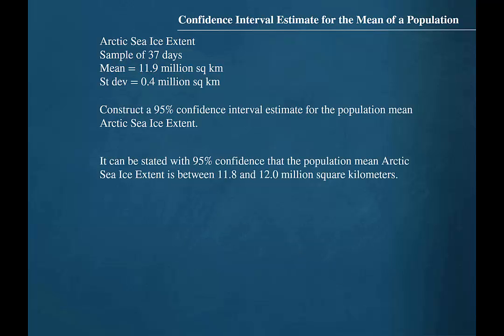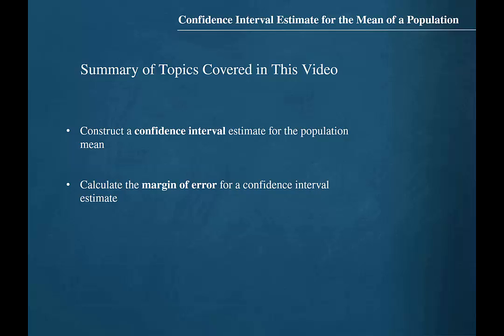It can be stated with 95% confidence that the population mean Arctic sea ice extent is between 11.8 and 12.0 million square kilometers. In this video, we learned how to construct a confidence interval estimate for the population mean and how to calculate the margin of error for a confidence interval estimate.